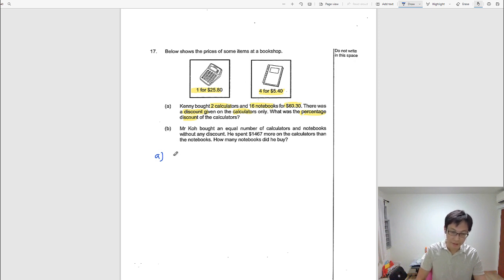You take $25.80 times 2 plus $5.40 times 4. And why do we times 4? Because the notebooks are sold in 4, right? So to find 16 notebooks, because 4 times 4 is 16, you take 5.40 times 4 to find the 16 notebooks.